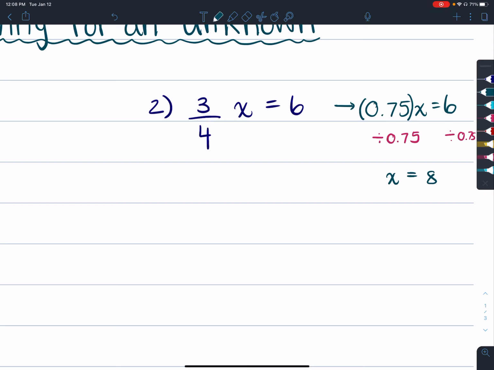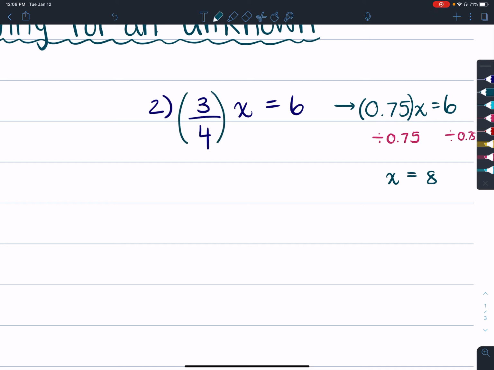Another way to do this is to actually just divide by the entire fraction. You see that 3/4 is multiplying x.